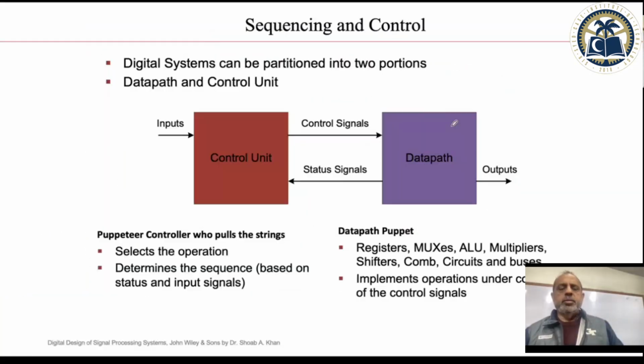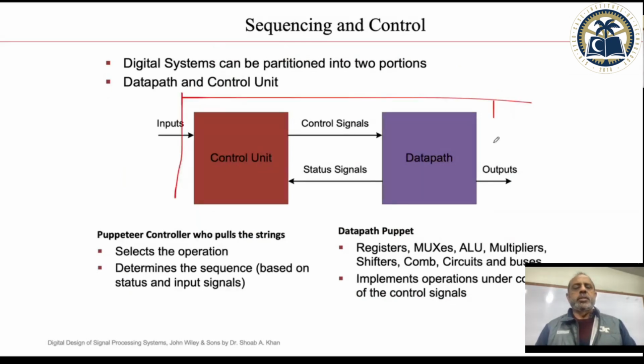So usually we said every digital design would have a controller, which is the intelligent part, and the data path, which is the dumb part, but which actually does the work. Usually the controller also gets an input. Sometimes, whatever processing you are making, the status has to go to the control unit to find out if, let's say, you are dividing 0 by 0 or something.